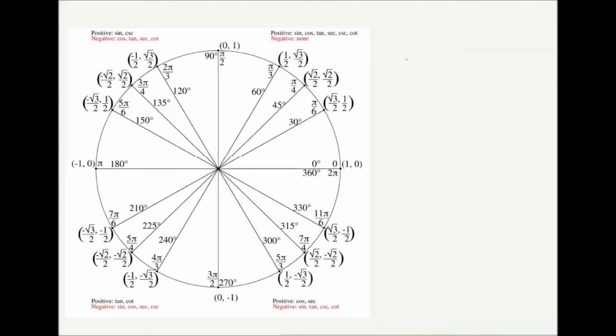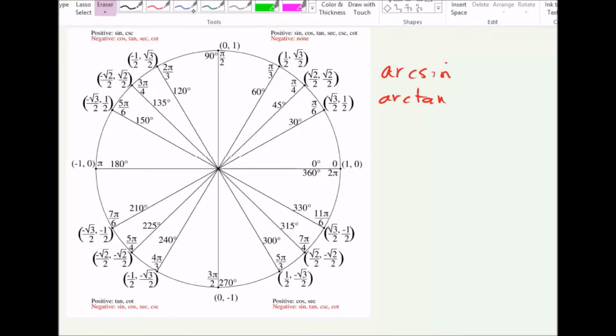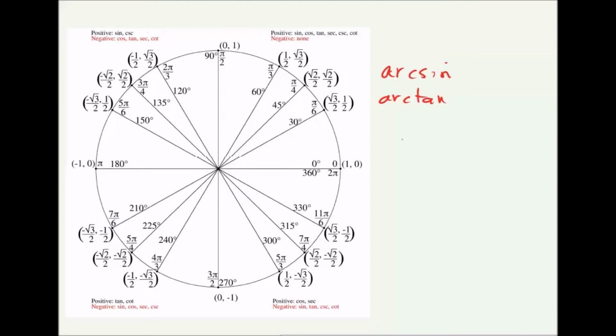Now, there's one big thing to watch out for, though. If you're trying to find arcsine or arctangent of a ratio, not arctang, but arctan, you're going to be looking between negative pi over 2, or negative 90 degrees, and positive pi over 2, or positive 90 degrees.